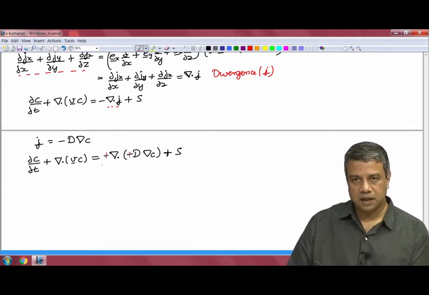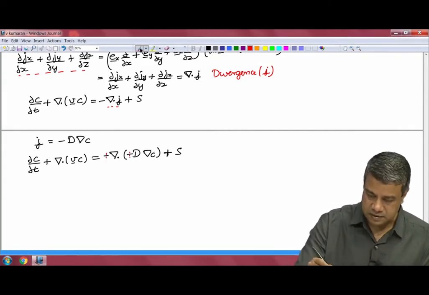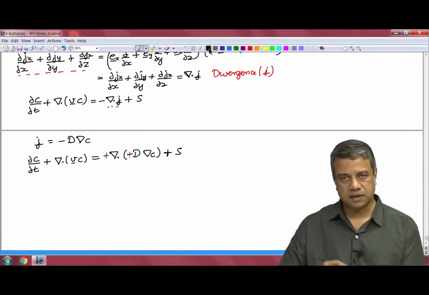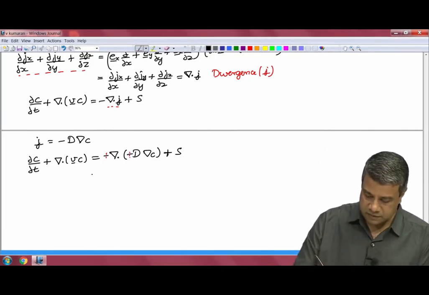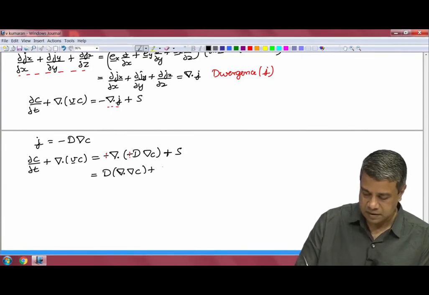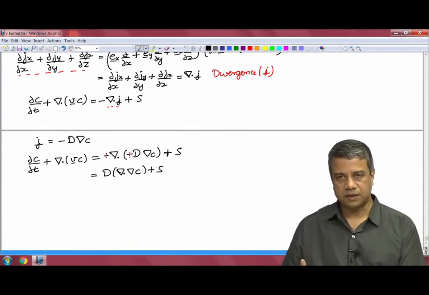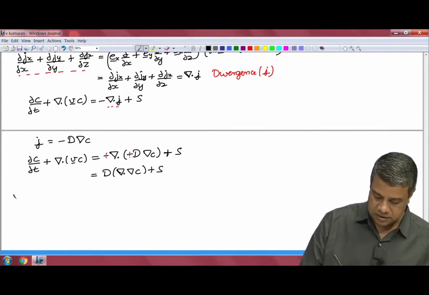This is the general expression. If the diffusion coefficient is a constant, I will get D times the divergence, del dotted with the gradient of C, the gradient operator dotted with itself. So, what is this?